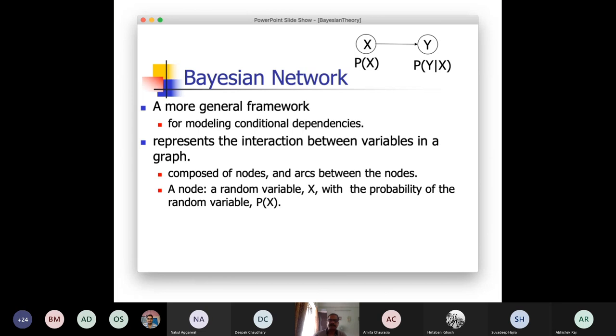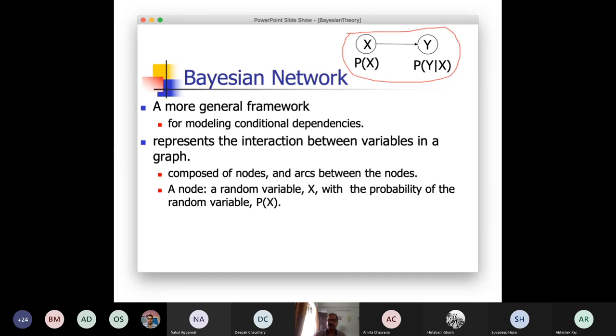As the example shown here, this is an example of a Bayesian network in its simplest form. You have two random variables, x and y, represented by these nodes. This arc represents the conditional dependency of y on x.